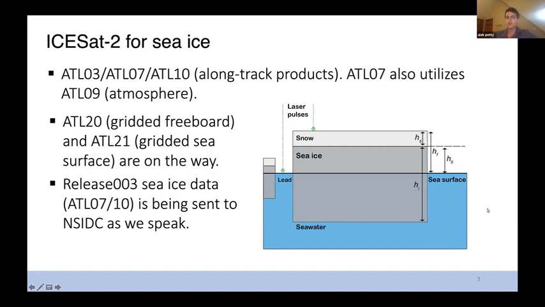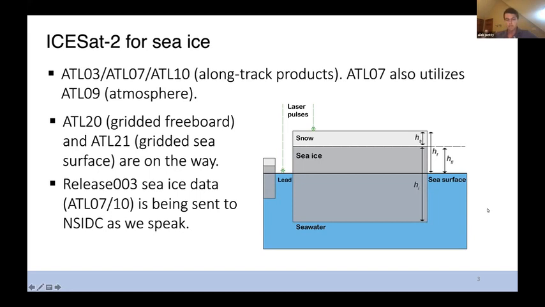The release schedule has been generally on a 6-month basis right now as algorithm improvements are made and improvements to things like geolocation. The difference between release 1 and release 2 for CIS wasn't very big. It was mainly downstream changes to the ATL03 product and slight improvements in the geolocation.